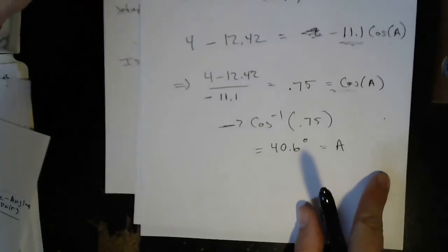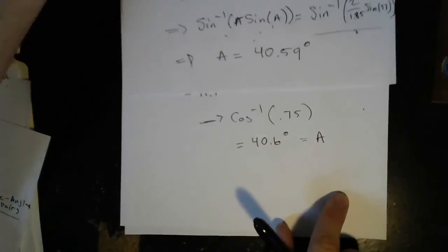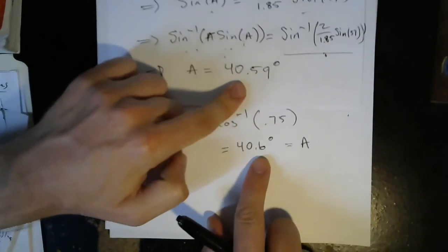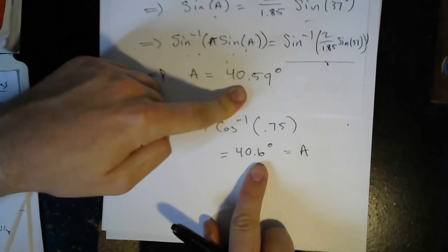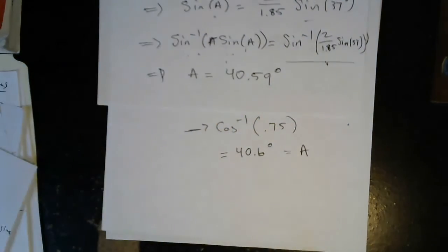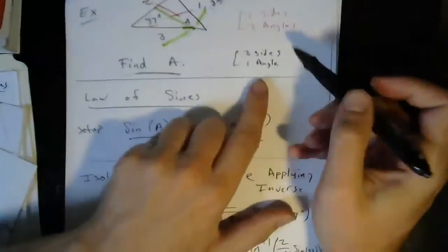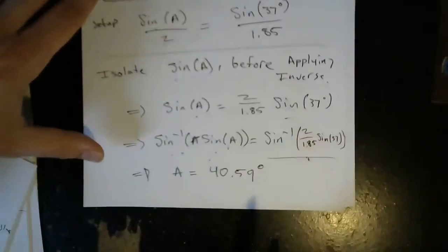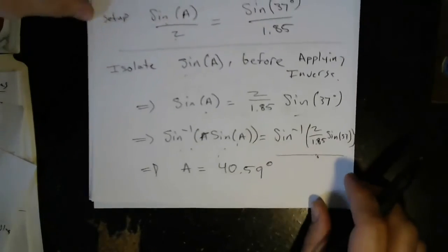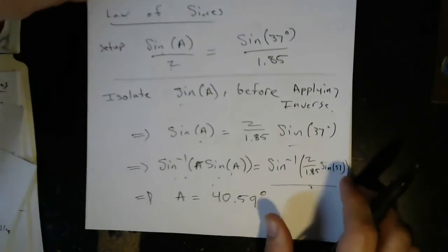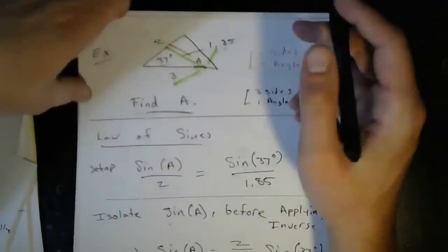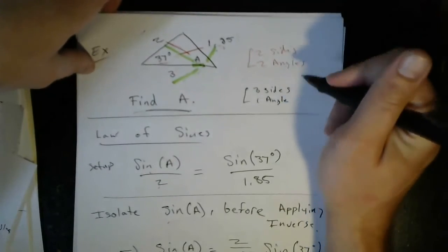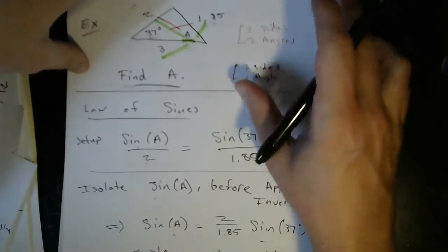That is equal to A. And if we look at what our answer was for the law of sines, we can see that other than rounding errors, they are the same. So in some cases, you can use either the law of sines or the law of cosines. They will both give you the same answer. The law of cosines is actually safer to use because of technical reasons.